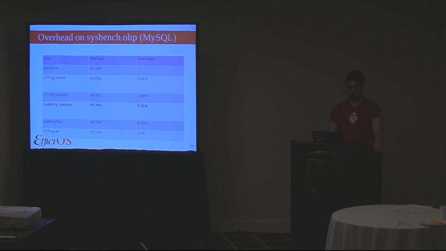So the overhead, if we compare with the sysbench benchmark, with the baseline, LTTng with just tracing the scheduler has an overhead of 0.61%. If we trace the syscalls, 2.66%, and I have to say that a lot of this overhead is actually due to the Linux kernel entry_64 or 32.S that has non-optimal ways of letting other tools hook into syscall entry and exit, because it saves all the stack for the sake of ptrace.